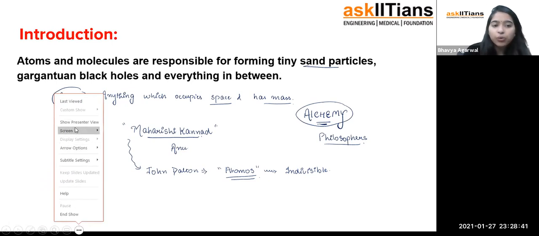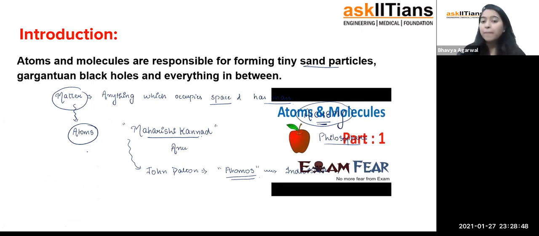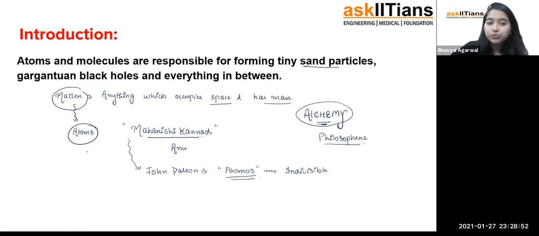Now we talk about the next thing about these atoms and molecules, and that is how to know that a substance is made up of small particles. For that, we'll do a very small experiment.